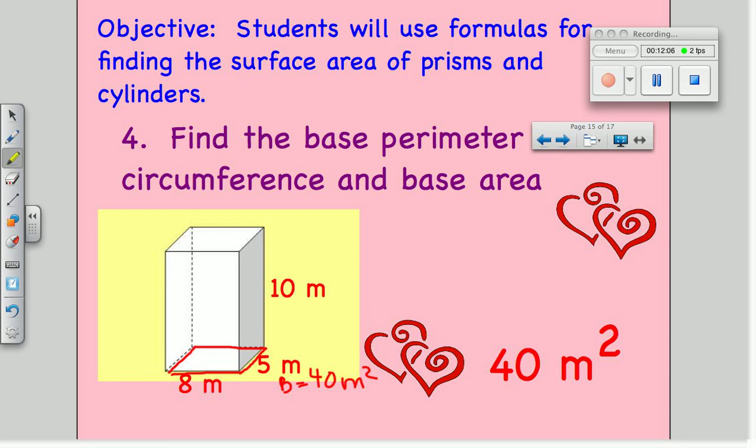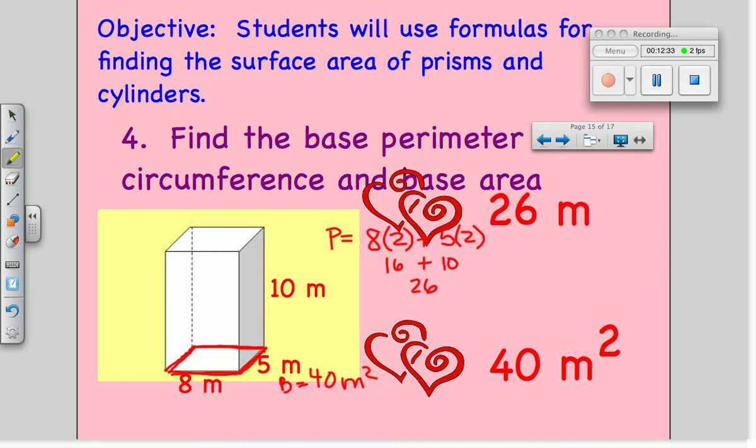And the perimeter, 8 and 8 is 16. So the perimeter is 8 times 2, because there's 2 sides that are 8, plus 5 times 2, because there's 2 sides that are 5. So 16 and 10 is 26. So this is 26 meters. And the area is 40 meters squared.